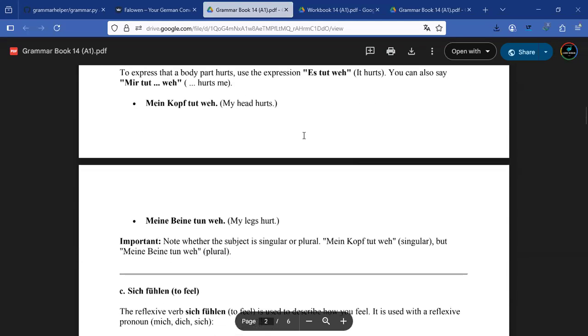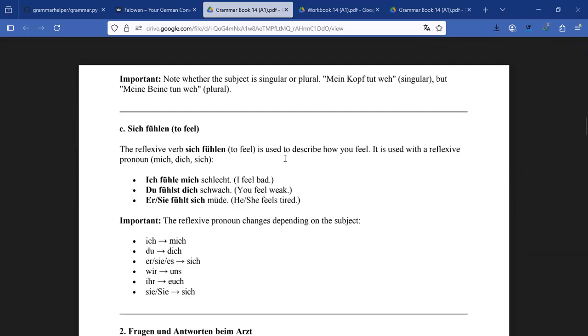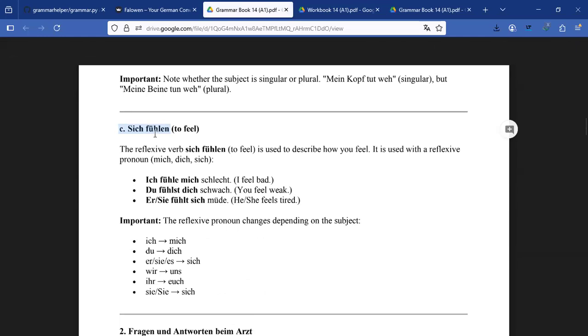Yeah. And sometimes too, you want to use feeling. I'm feeling weak, I'm feeling strong, and so on, right? And feeling is "sich fühlen." And "fühlen" is a reflexive verb. So if I say reflexive, I mean that the one doing the action is also involved, right?